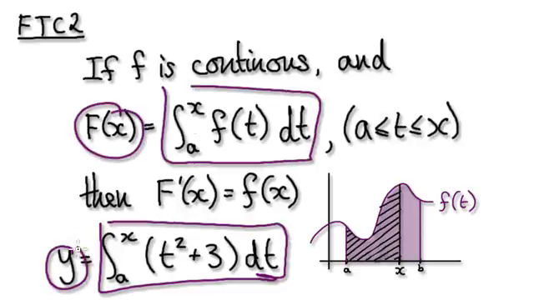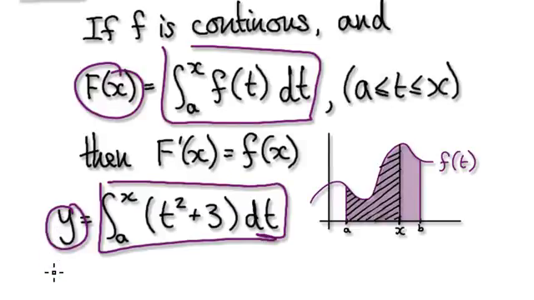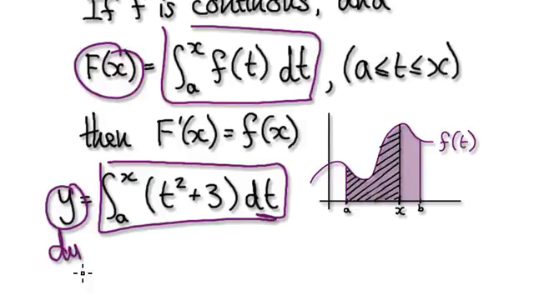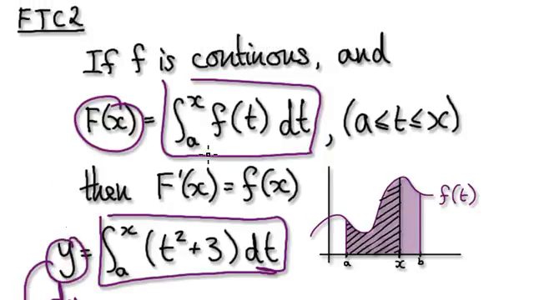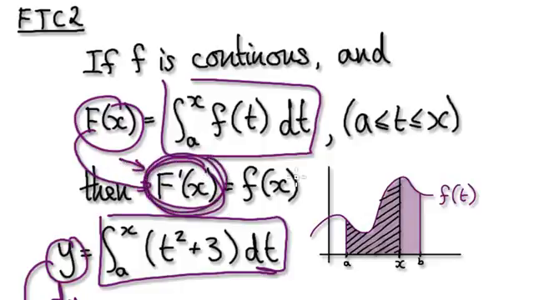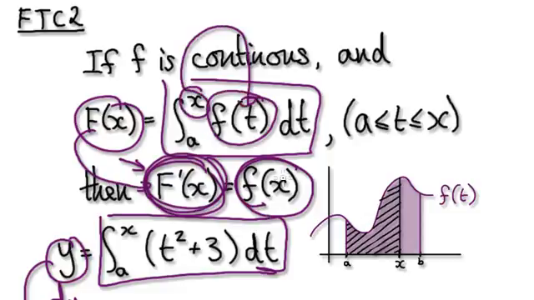So finding dy by dx is really you differentiating with respect to x. So dy by dx equals small f, the function itself evaluated at x.